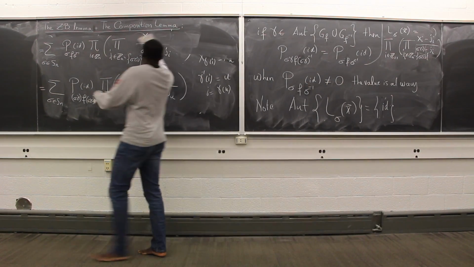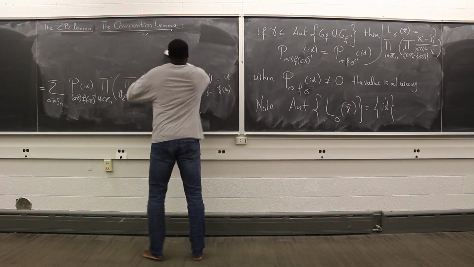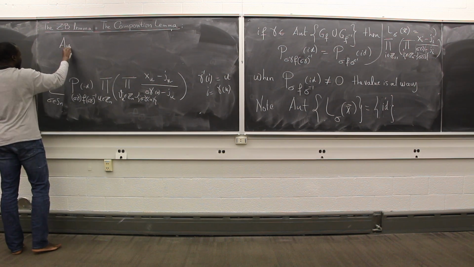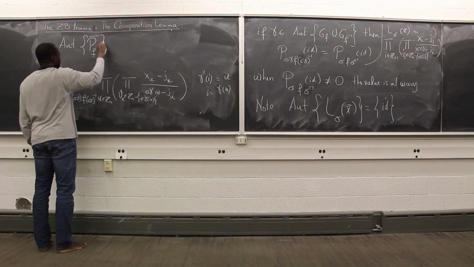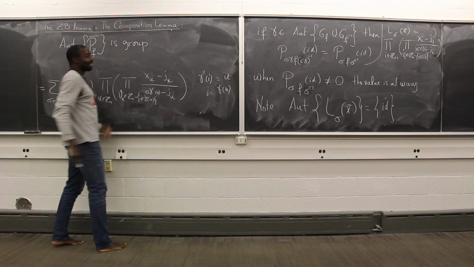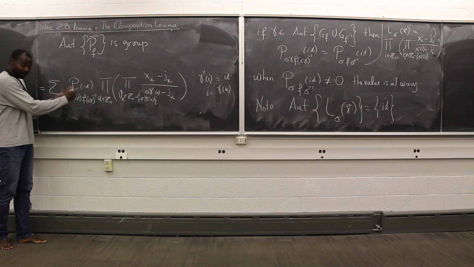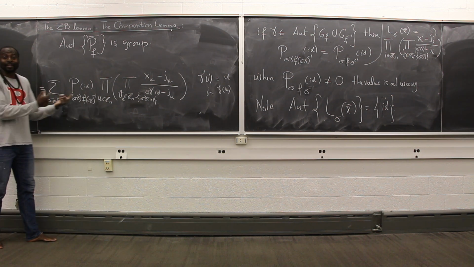Note, by definition and by construction, Aut of PF bar is a group. I mean, it's closed under composition. You take a permutation and it permutes the coefficients. Two permutations that permute the coefficients, if you compose them, you permute the coefficients.